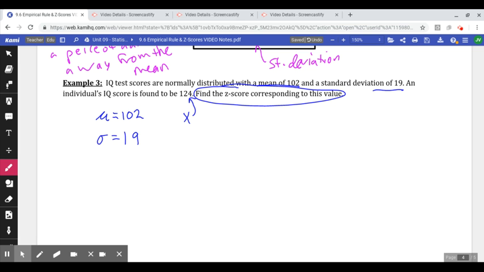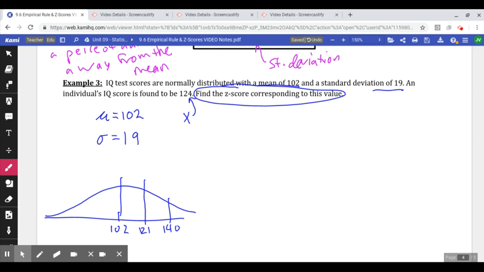Now, if we were to draw a normal model, kind of bell-shaped like this, symmetric, right in the middle we'd have the mean. That'd be 102. Then we'd go up one standard deviation, so it'd be 102 plus 19, which is 121. Then we would go up another standard deviation, so that would be 140. You do 121 plus 19.